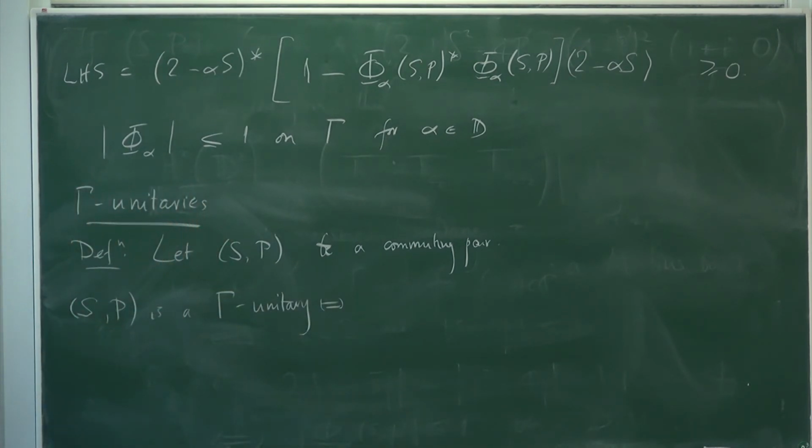Now, what would a natural notion be for a gamma unitary? Well, think back to a definition of a unitary. One way you could define it is to say that it's a normal operator whose spectrum is contained in the unit circle, in the distinguished boundary of the disk.